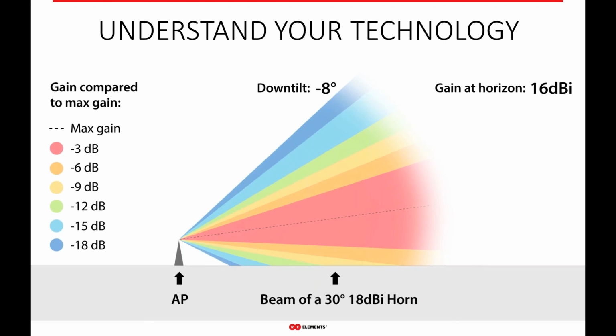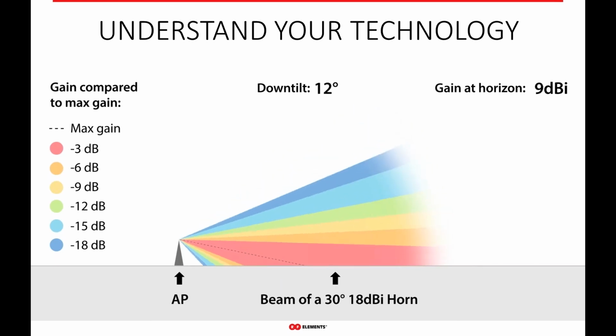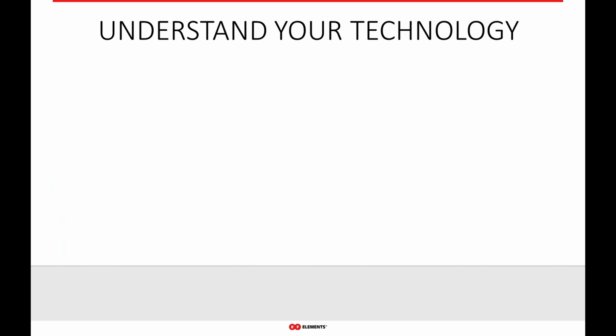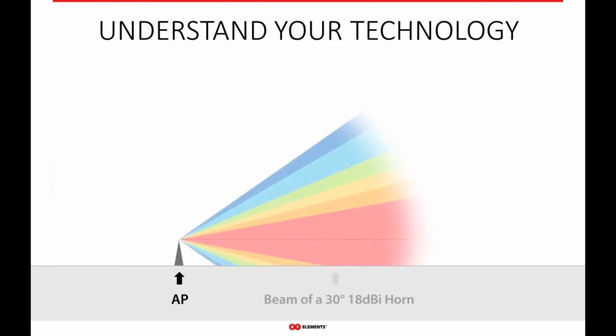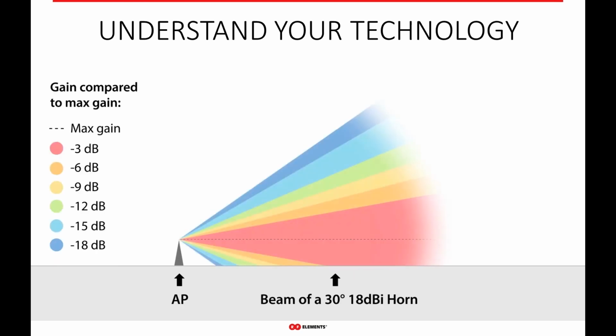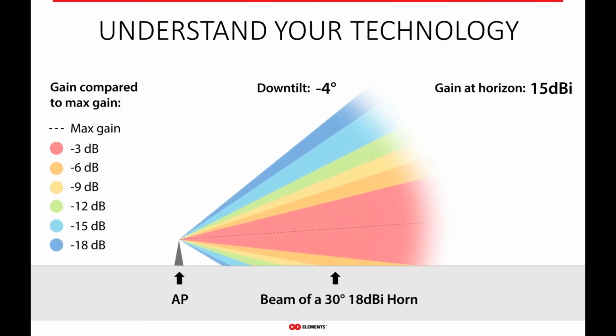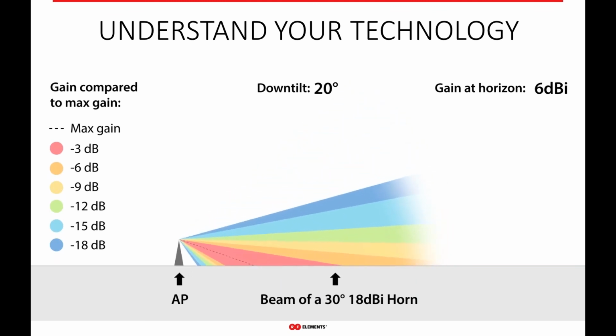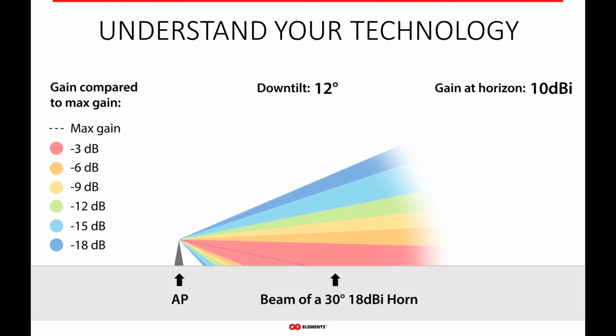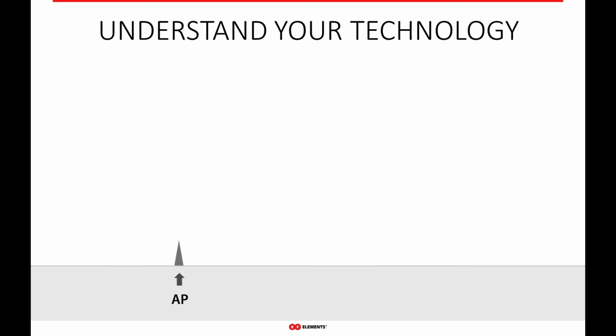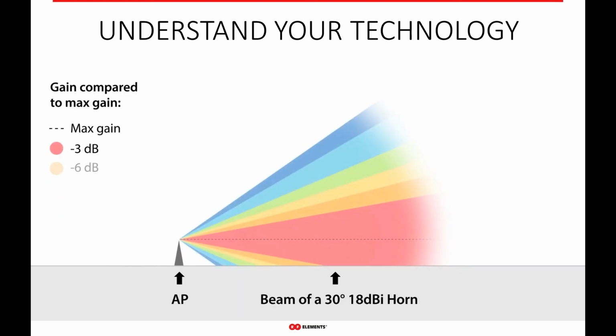So again, tilting an antenna up and down, you see gain at the horizon decreases and increases as you go from and to the 0 boresight. So again, understanding how the -3, -6 beam patterns of a horn work is very important when you're deploying your networks, and can actually work to benefit you rather than be what's misunderstood as the downfall of a horn. It's actually a great benefit if you understand how the gain drops off.